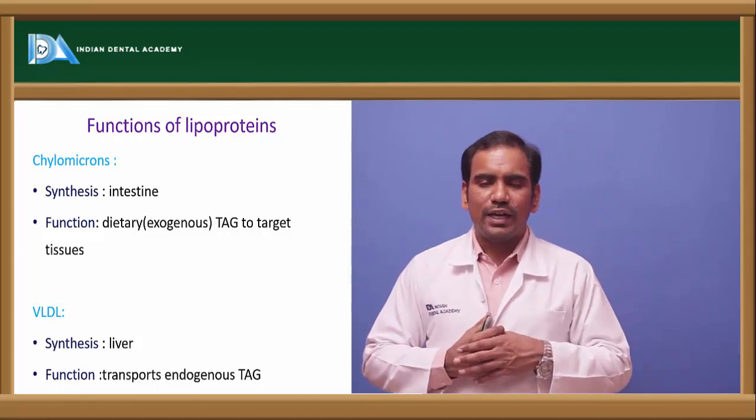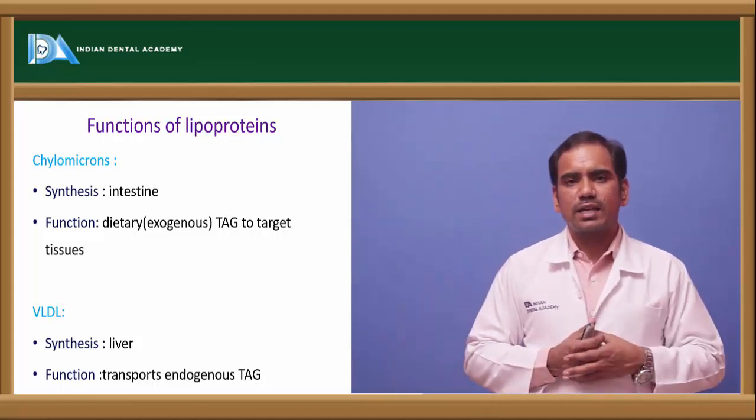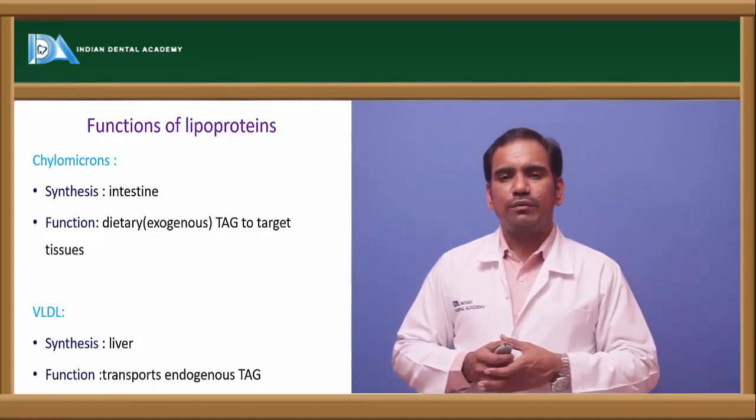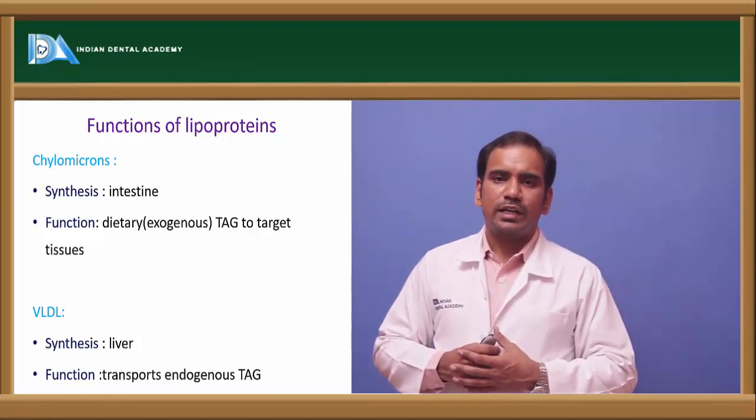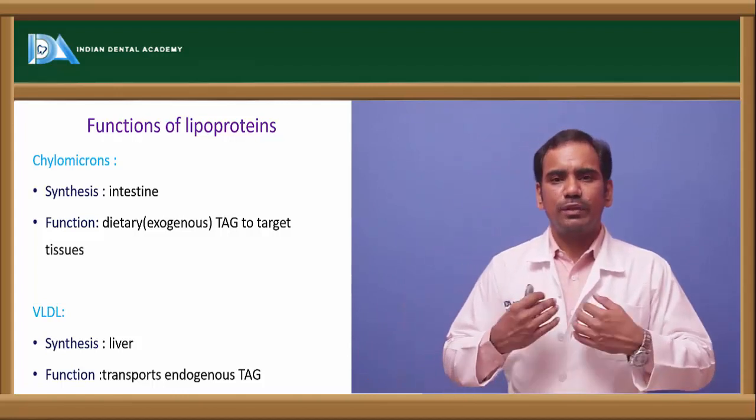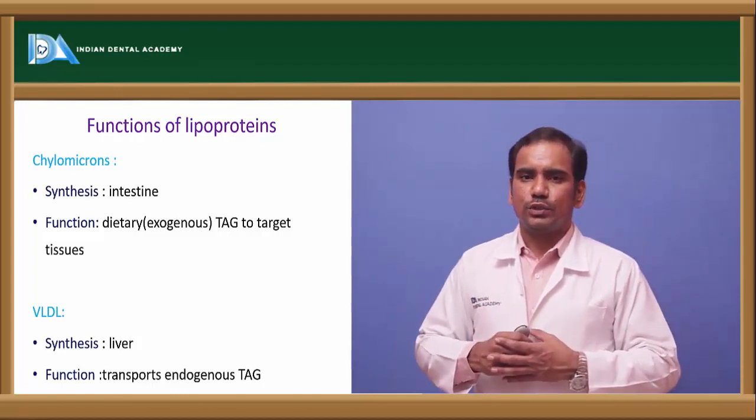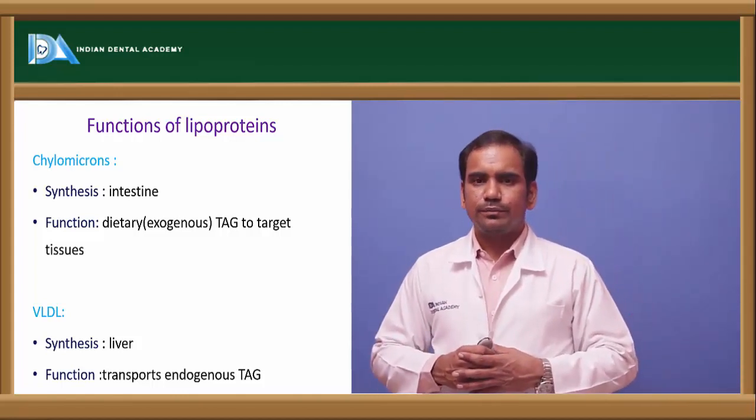And coming to VLDL, it is synthesized in the liver, and it is also involved in the transport of triacylglycerols, but it transports the triacylglycerols from the liver to the other peripheral tissues. Okay?